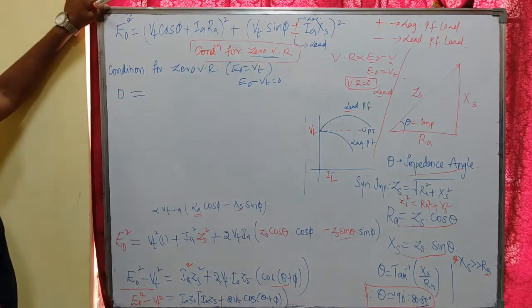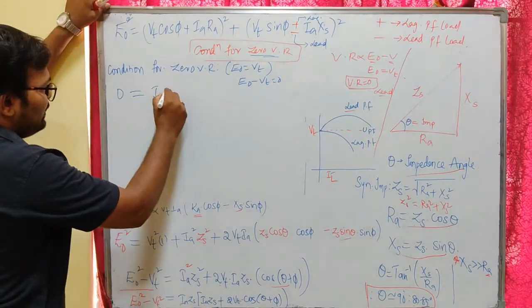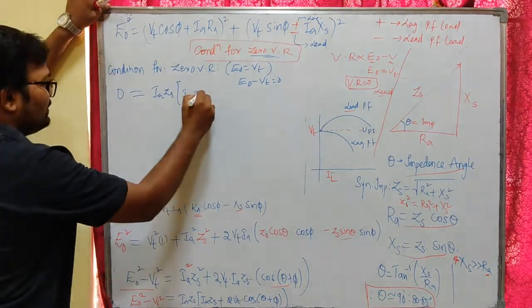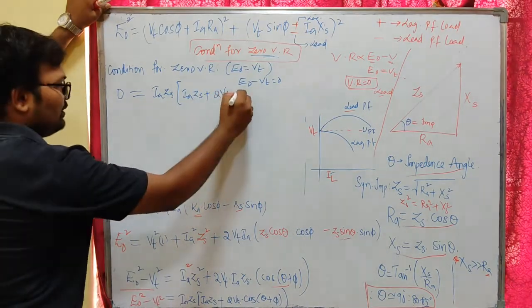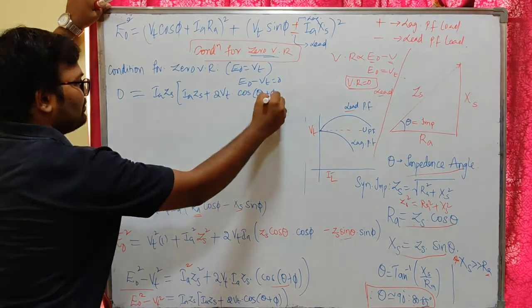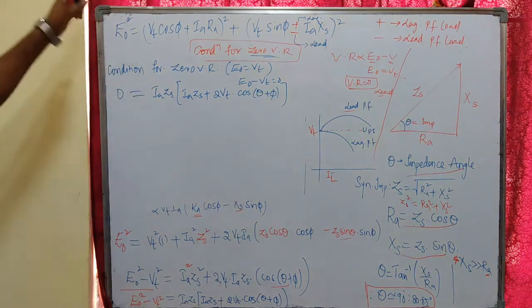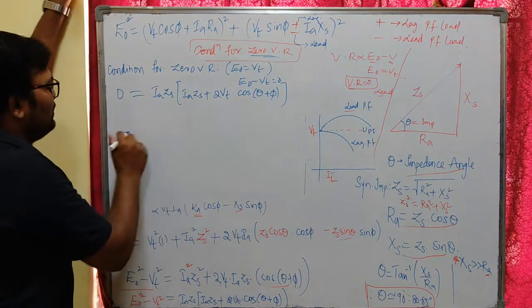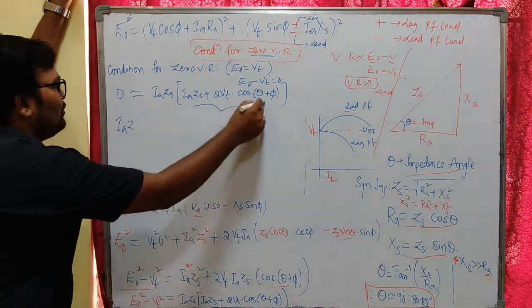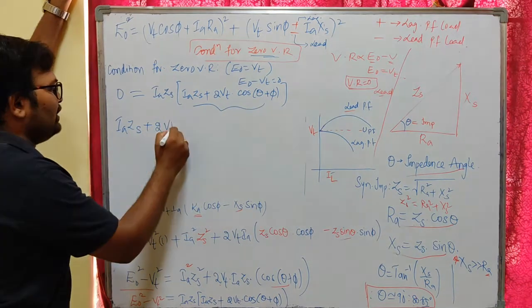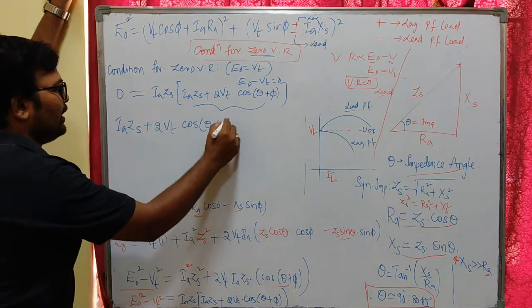That will be Ia Zs into (Ia Zs plus 2 Vt cos of (theta plus phi)). Ia Zs cannot be 0 because it is a very large value, so I am going to make the other term equal to 0. That will be Ia Zs plus 2 Vt cos of (theta plus phi) equal to 0.